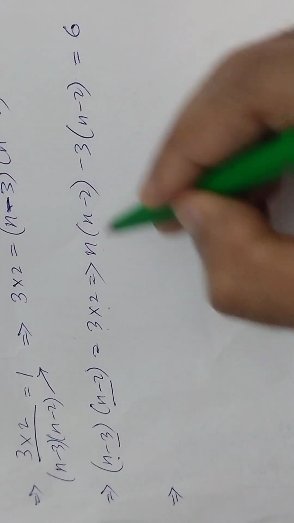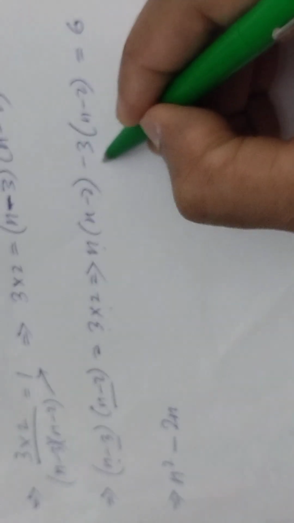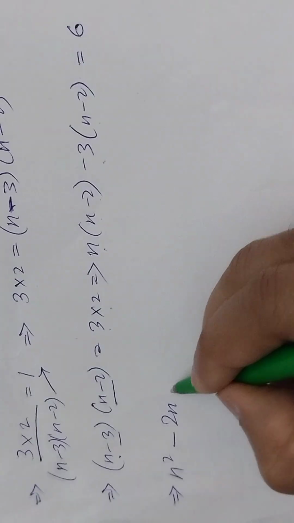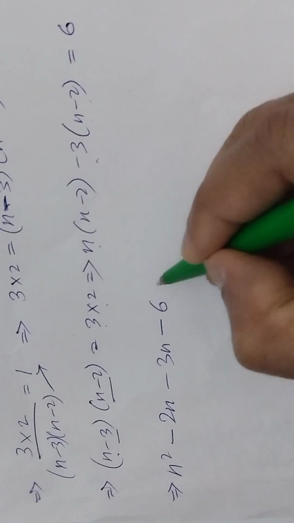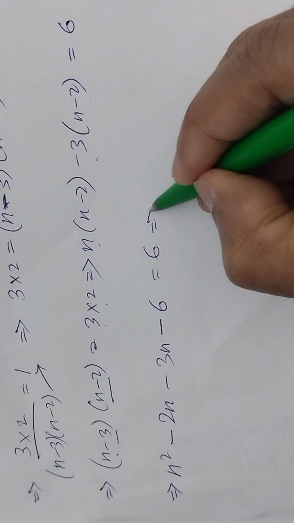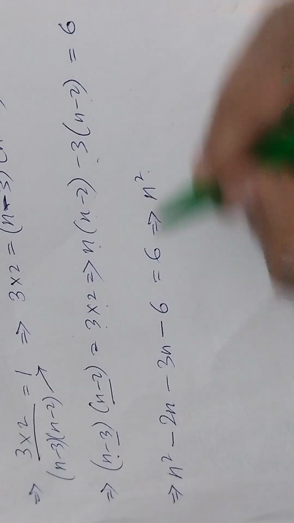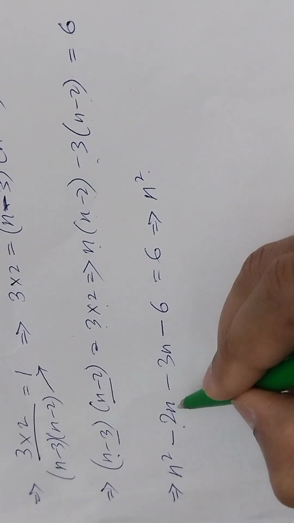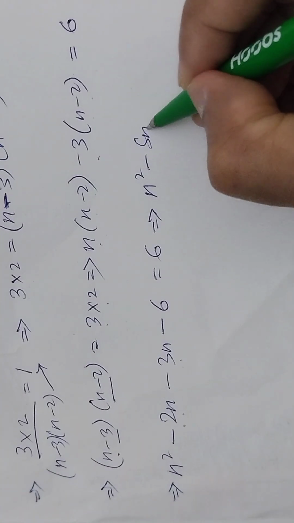We further go on expanding. n into n is n squared. n into minus 2 is minus 2n. Minus 3 into n is minus 3n. Minus 3 into minus 2 is plus 6, which is equal to 6. Which further can be written as n squared, 2n minus 3n is minus 5n.